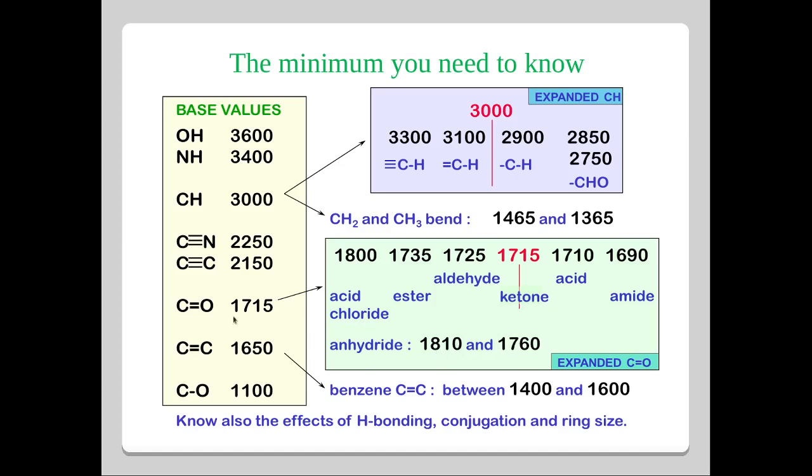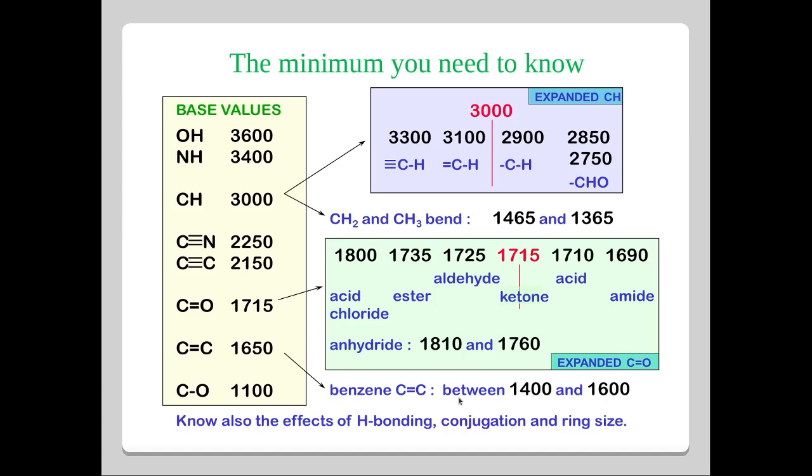Then C double bond C, you can expect this one in aromatic ring systems as well as sp2 carbon double bond systems in non-aromatic ring systems. The major difference between them is that for aromatic systems such as benzene, the C double bond C vibrations show up as a set of bands between 1400 and 1600 centimeter inverse.